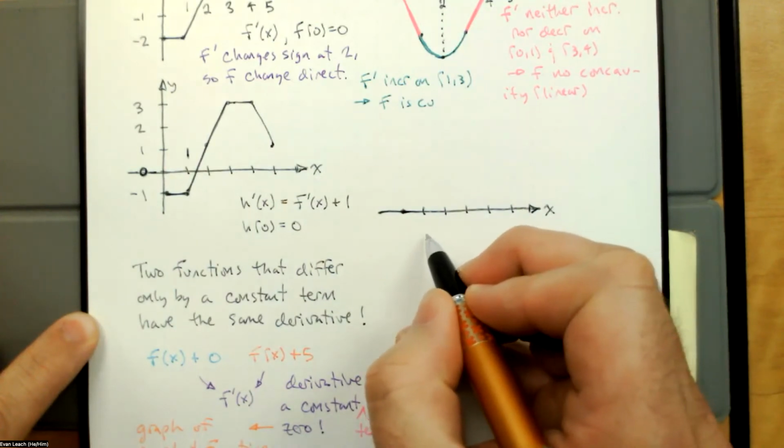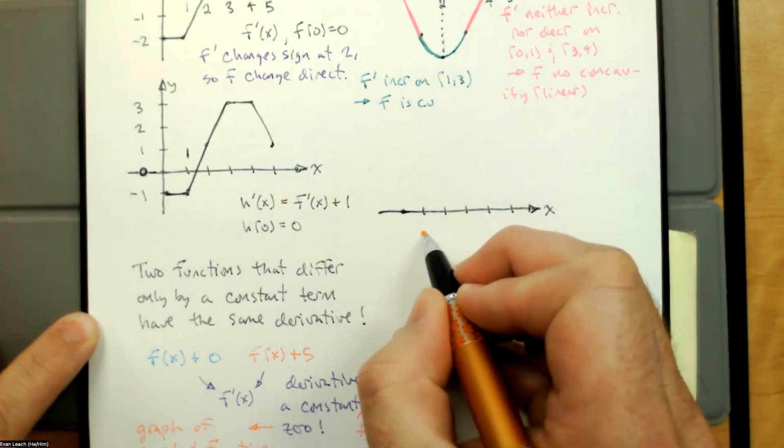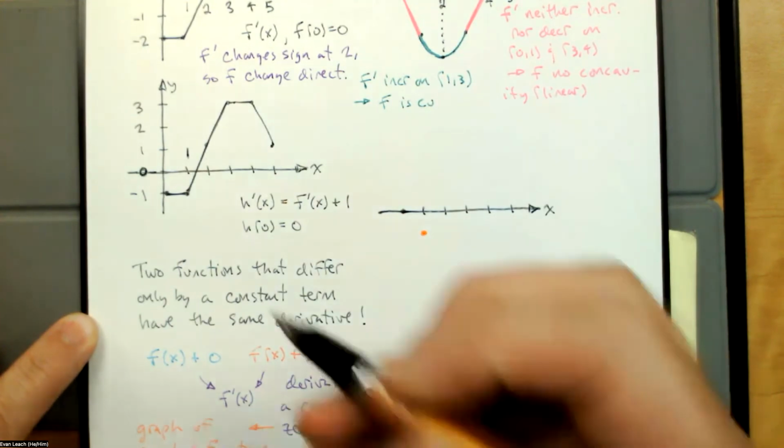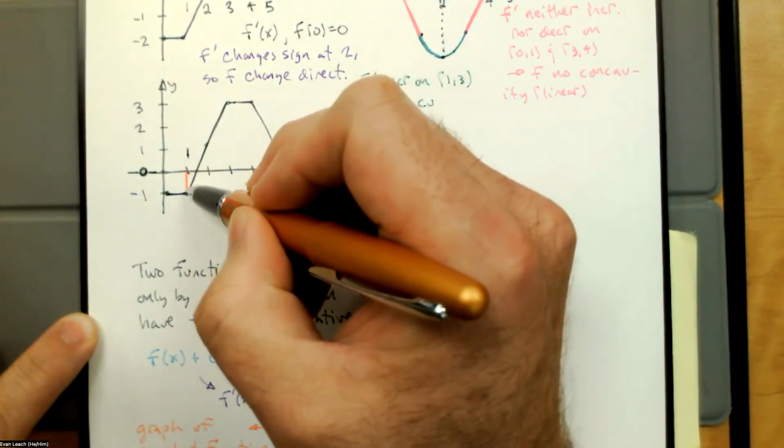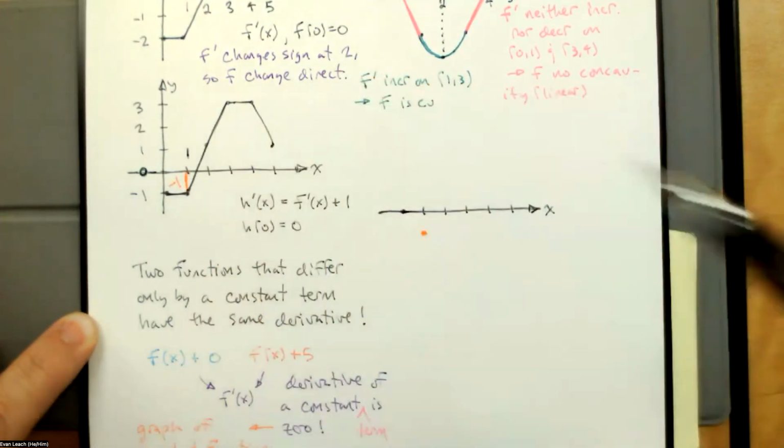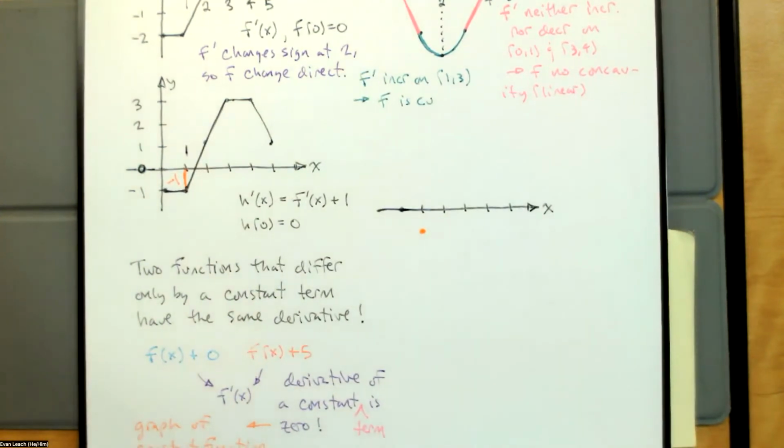Then we notice that this derivative changes sign at 1.5, not at 2 like in the previous one, because I just took the same shape of f prime and moved it up 1 unit.